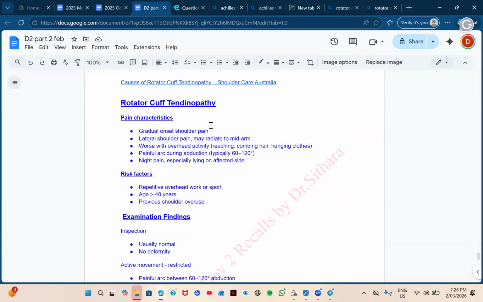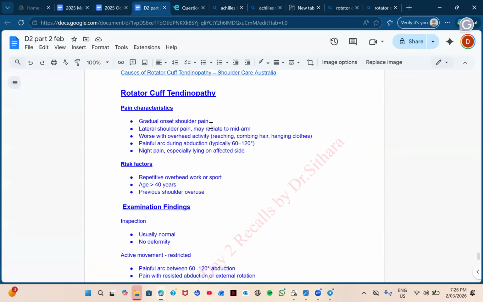Usually, if there is a rotator cuff tendinopathy or injury, it affects the main muscle among these three. So what is the main muscle that is affected? Tell me, doctors. These are very high yield topics. You should know, you don't have time to think about it. Supraspinatus.